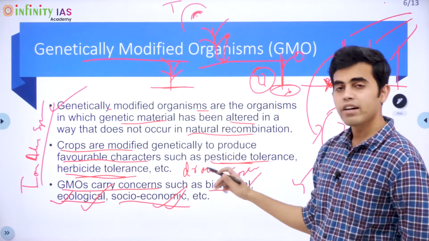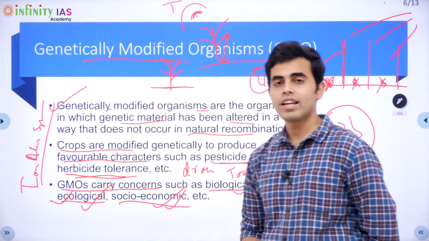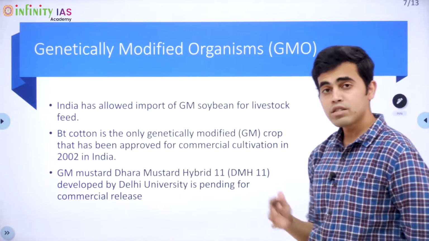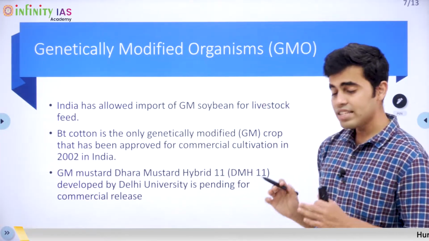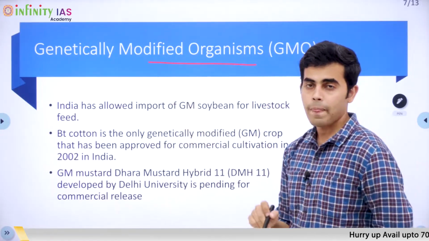So though we have certain favorable traits with genetically modified organisms, there are challenges as well. So this brings us to the reason why it is important to regulate GMOs in India.